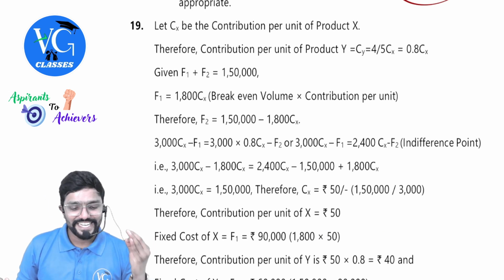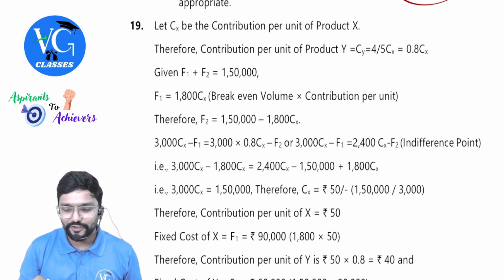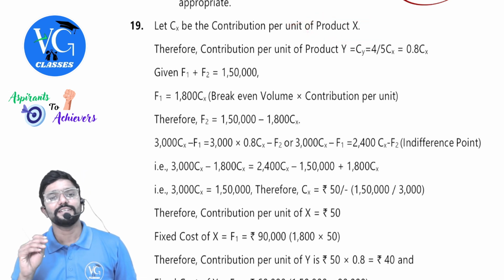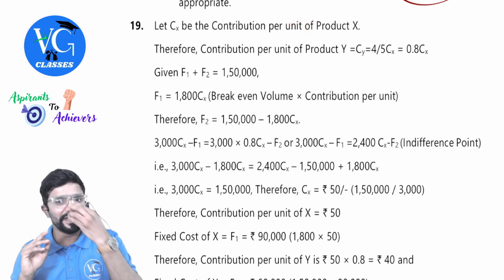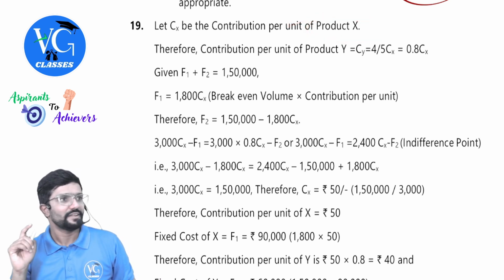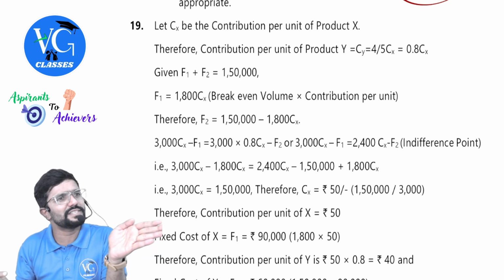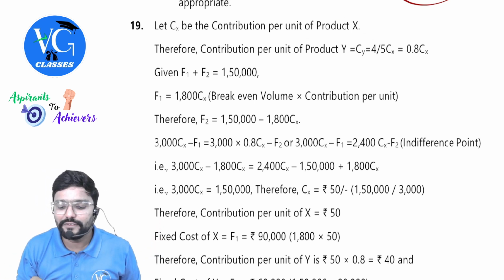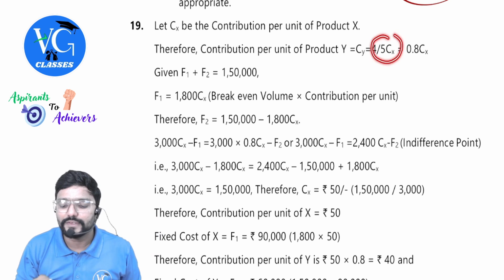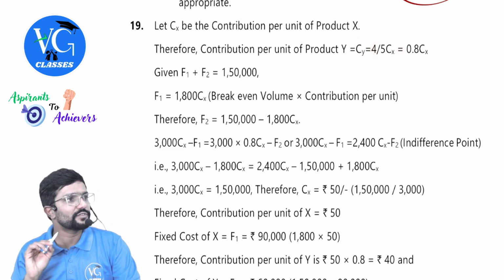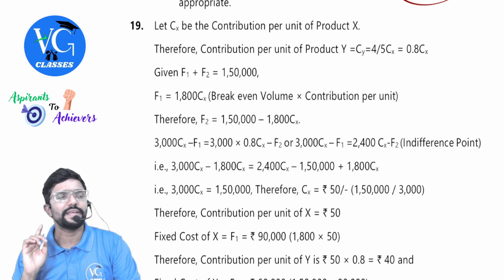Let Cx be the contribution per unit of product X. Therefore, the contribution per unit of Y is 4/5 of that. They gave the 1/5 story; if you remove 1/5, what is left? 4/5. So Cy is 4/5 of Cx, because it is 1/5 less.